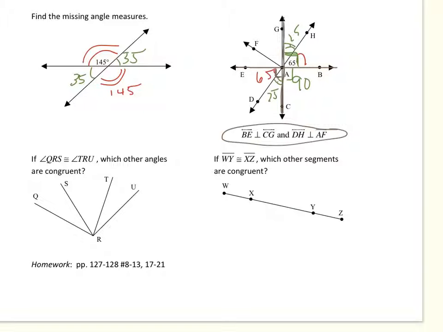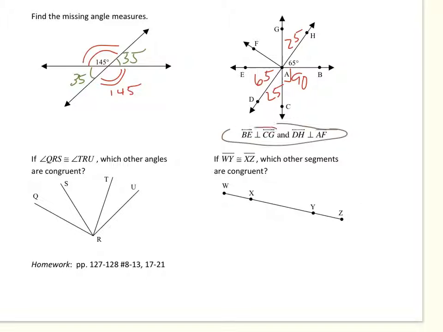So what I'm going to do is erase this and rewrite things without markings, and put what we know. We know this is a 90. We know this is 25 and its vertical angle, so that's 25. And here we have a vertical angle, so that's 65.